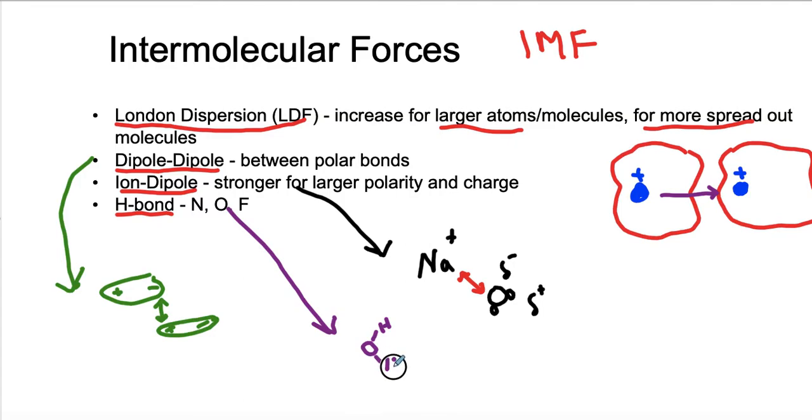Because this is so strongly polar and a lot of electrons are pulled to the O, if you look at a second water molecule, if the H is attached to an O, N, or F, then there is this very strong dipole force, a hydrogen bond force. Hydrogen bonds are the strongest, London dispersion are the weakest, and this is about the right order.